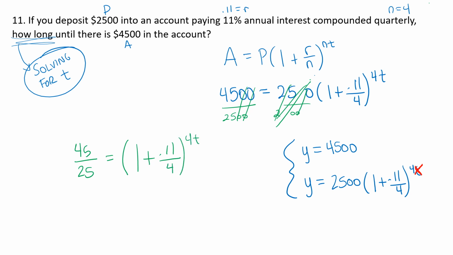And so in this scenario, it'll be graphing something that's a little bit smaller, so you won't have to zoom out as much. I would graph y equals 45 over 25, and I would graph y equals 1 plus 0.11 over 4, very important to put that in parentheses, to the 4, and then I would do x. So either way, to solve for time, I'm looking for the x of the intersection of these graphs.